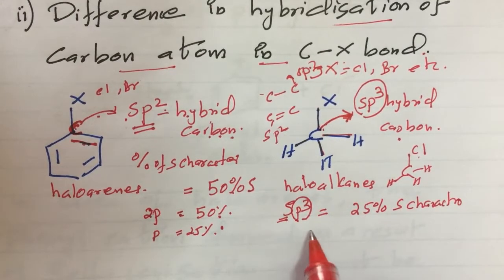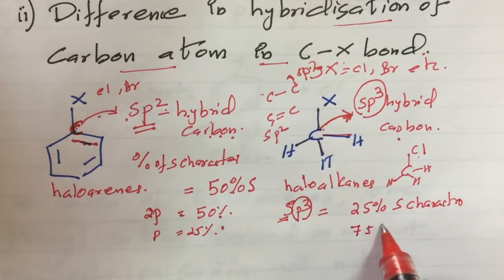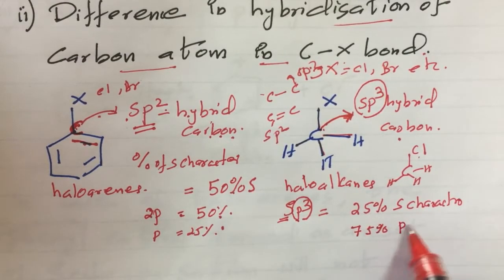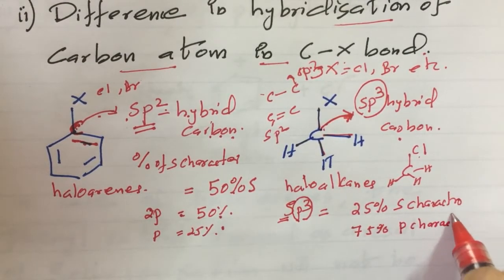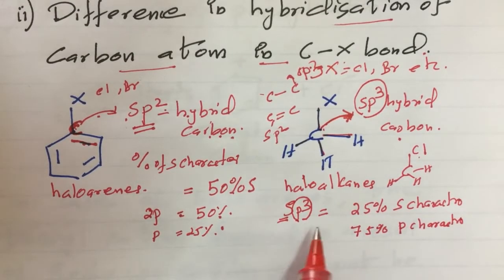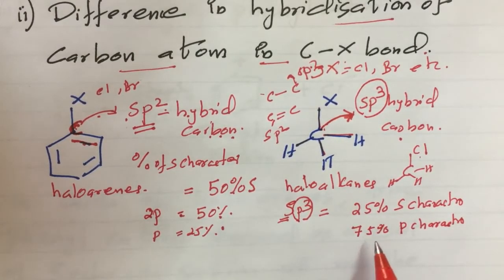Remaining 3p character makes 50 percentage P character. Each p is 25%, total 3p, total 75 percentage.